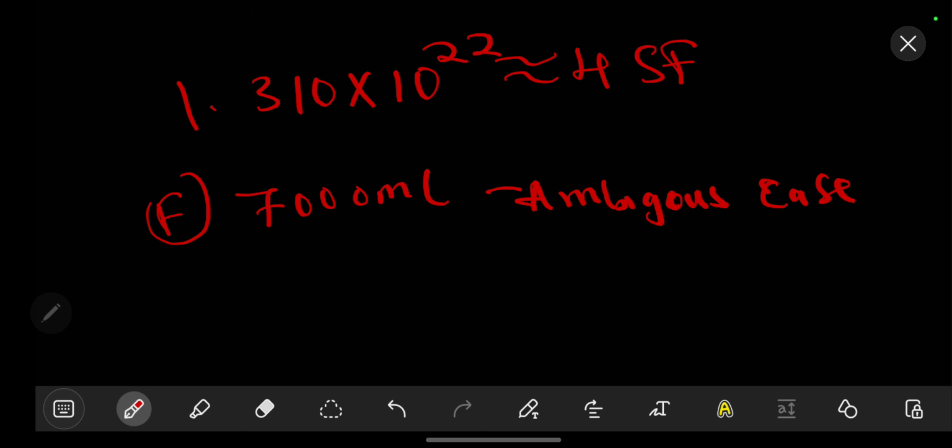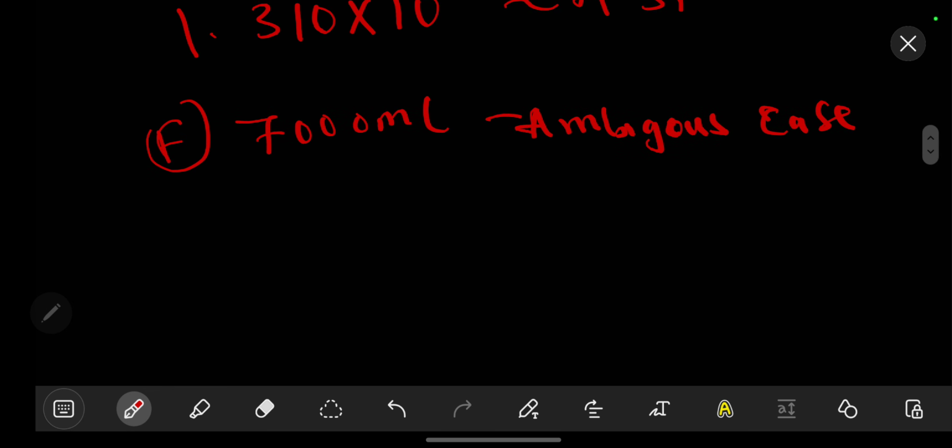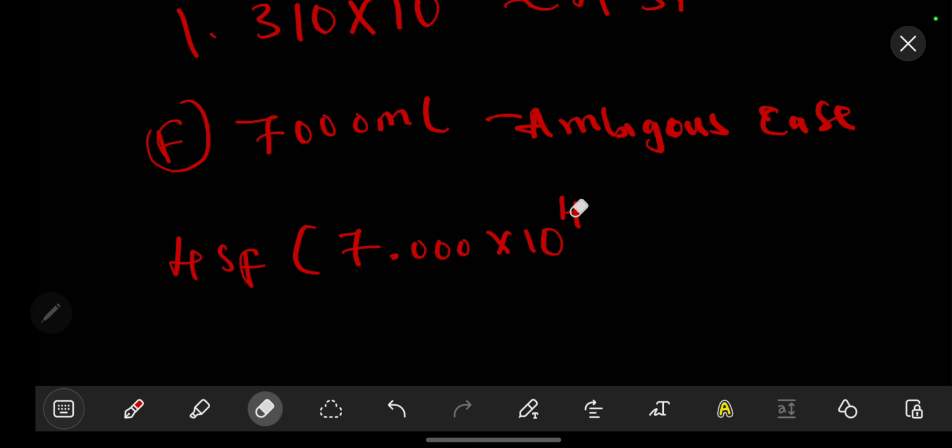Firstly, when you are asked to state the number of significant figures, you can say there are 4 significant figures if you consider 7.000. When you put a point here, you multiply by 10 to the power of 3.